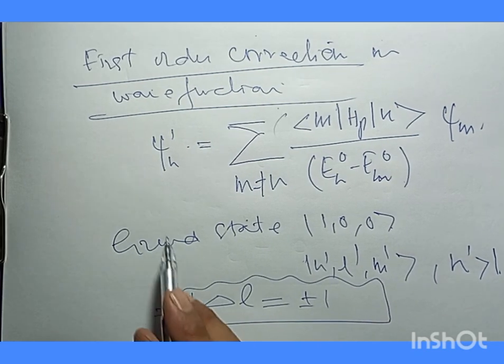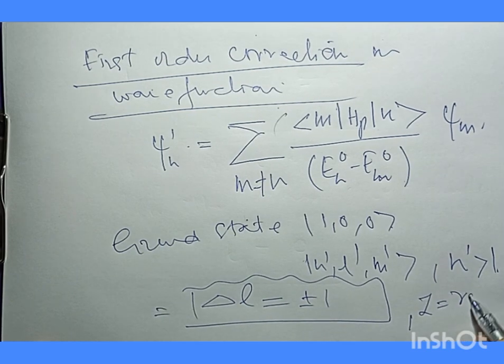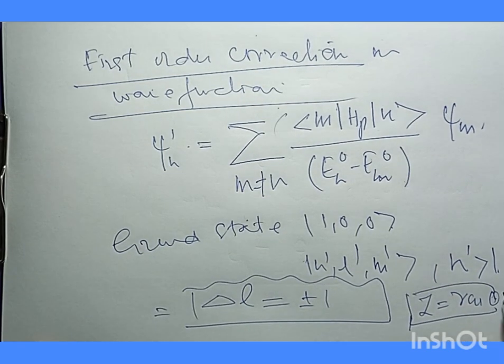I have the value of this correction in terms of the correction to the wave function. So this delta L equals plus minus 1 is the selection rule for the dipole operator, and that is Z equal to R cos theta.